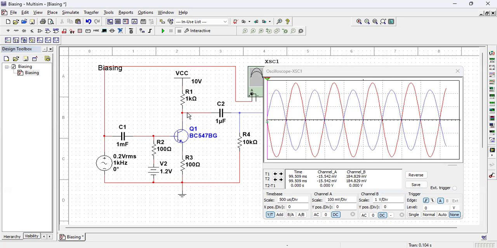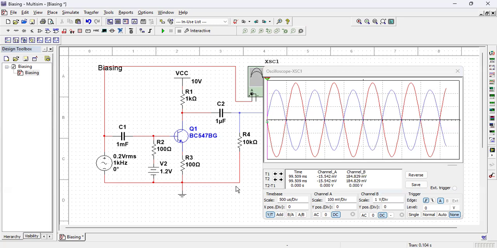So obviously potential of this junction decreases. So when signal increases, output decreases. And in the negative half of the signal, just the reverse occurs.